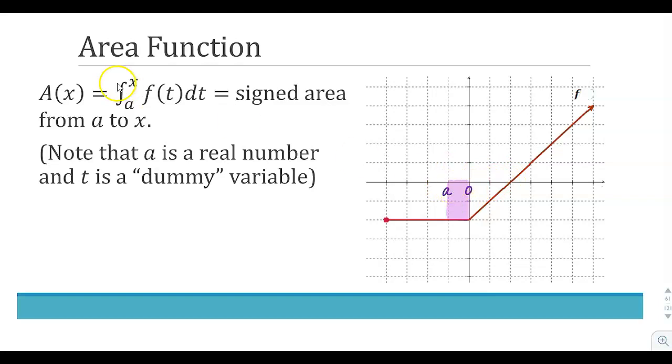And then we can try to plug in a different number. So we can try to plug in 1. So a of 1 would be the integral from a to 1 under this function that we're calling f. So all the way from a to 1 would be this complete area here, so between the curve and the x-axis. So this is a function because we can plug in different values of x into the upper limit of integration, and if a is fixed, that's going to give us outputs that represent areas under the curve of this function f.